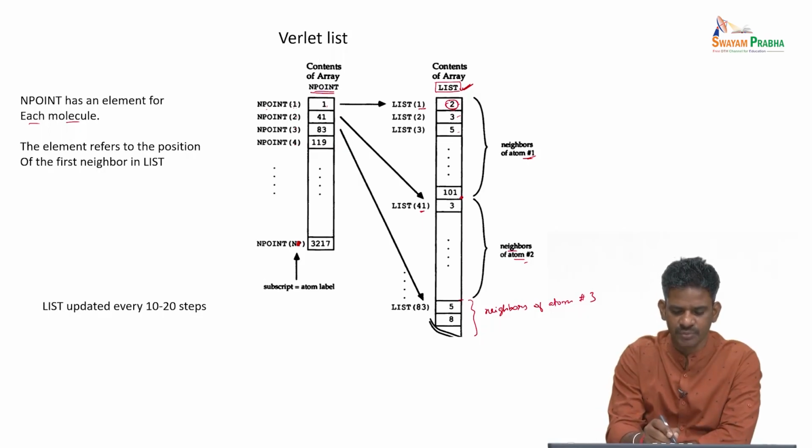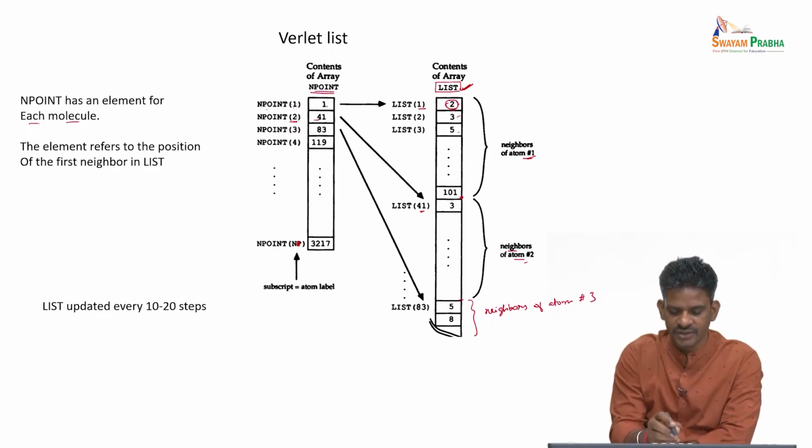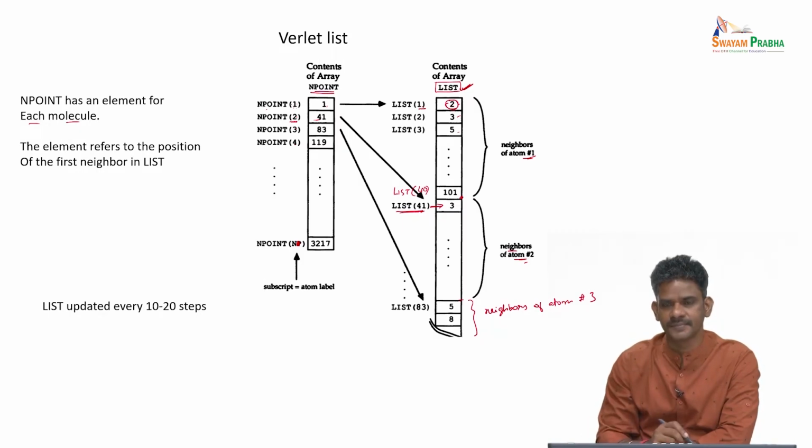From here, the first neighbor of the second atom is in the 41st position. Okay, so if you look at the 41st position of the list, this contains the first neighbor of the second atom. What this means is that from 1 to list of 40 would be the neighbors of atom 1.